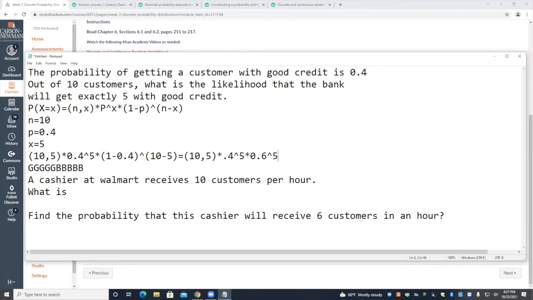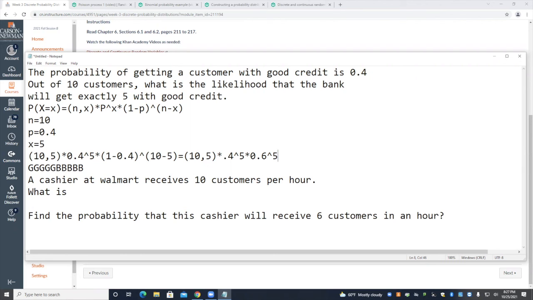So it's going to be 10 times 9 times, I don't know why I picked such a lot of numbers, times 5 factorial, over 5 factorial times 5 factorial. 5 times 4 times 2 times 2 times 1. These two 5 factorials will cancel out.